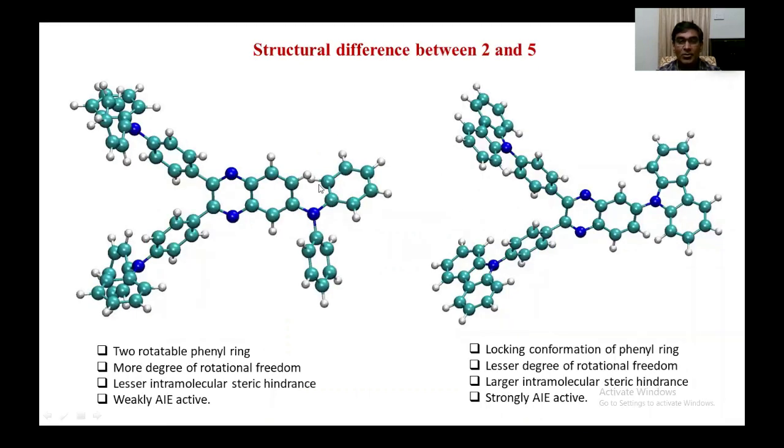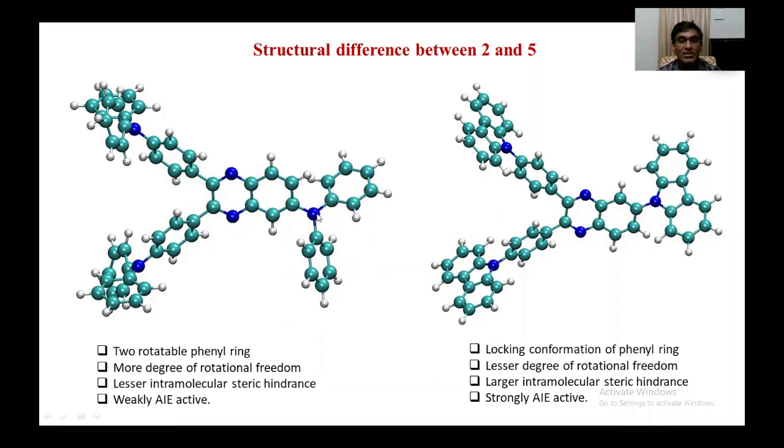Now the second molecule has this diphenylamine donor group, which has 2 freely rotatable phenyl rings. They can rotate and give some planarity or some geometry to this molecule. With the two rotatable phenyl rings, there is more rotational freedom between the C and N bond, and lesser intramolecular steric hindrance.